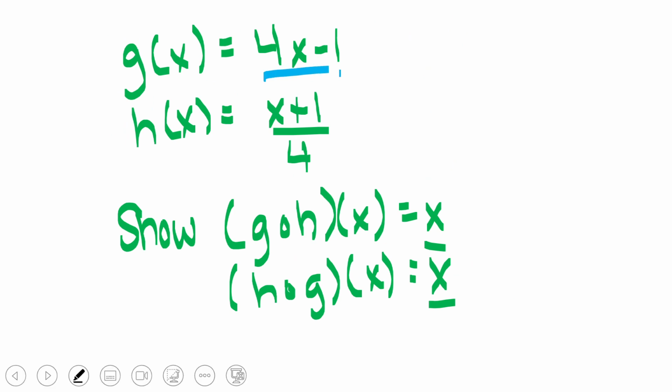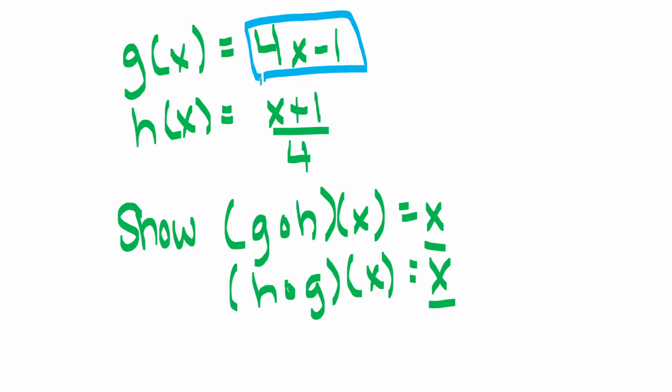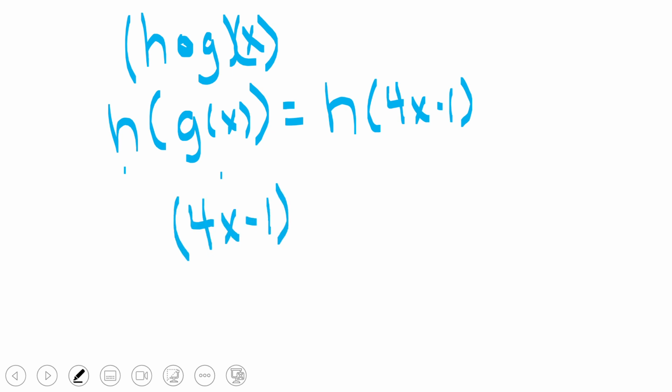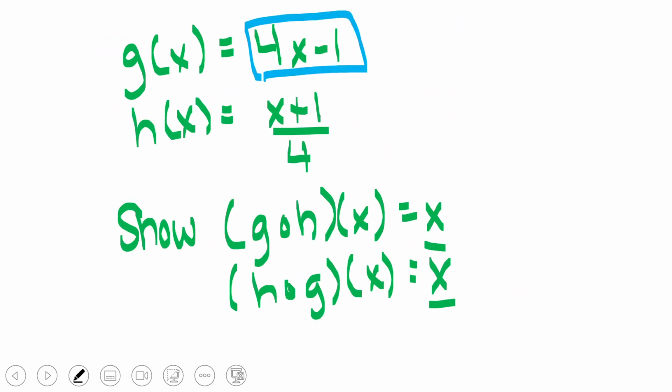That's 4x minus 1. I basically say H of that whole G of x function, and I'm going to pop that G of x into the H function. So it's going to look like this: 4x minus 1 plus 1 over 4.